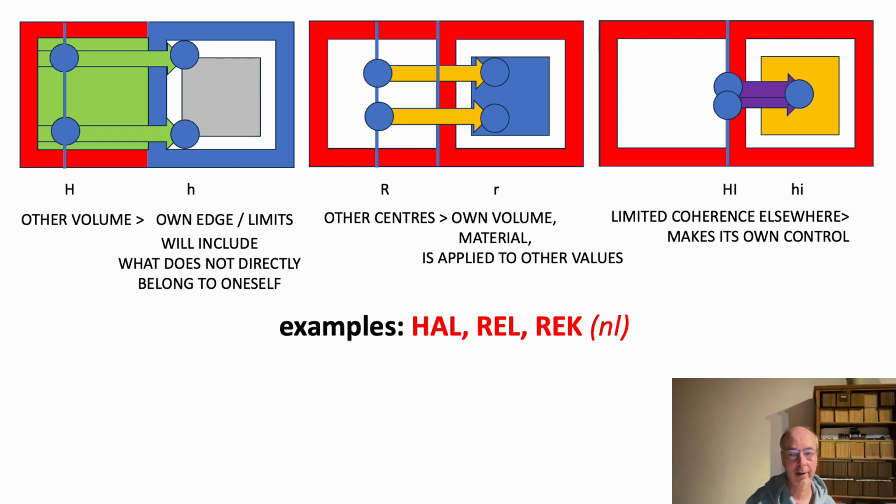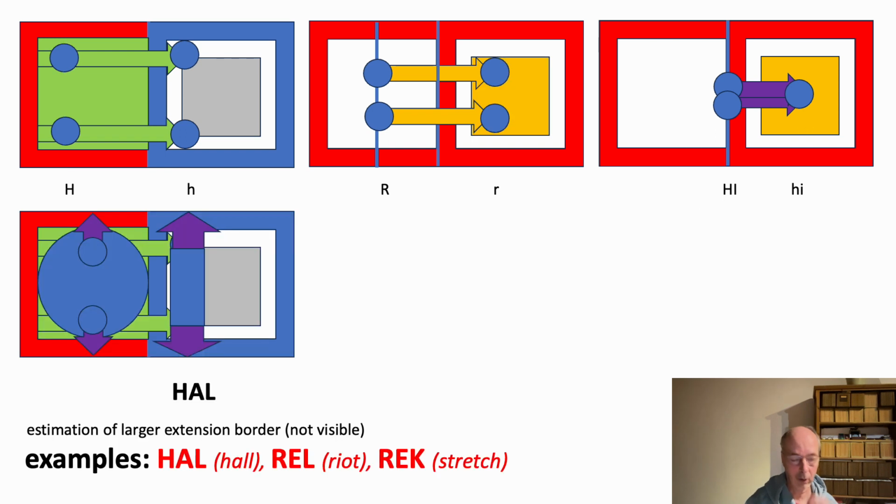Examples: HAL, REL, REK. HAL or HEL, I think, is that the same word? Yeah, it can be used in the same context. HAL is something which is already, as you can see on the left, something which is quite an enlarged volume, larger than we can even grasp immediately from our own small area of where we are.